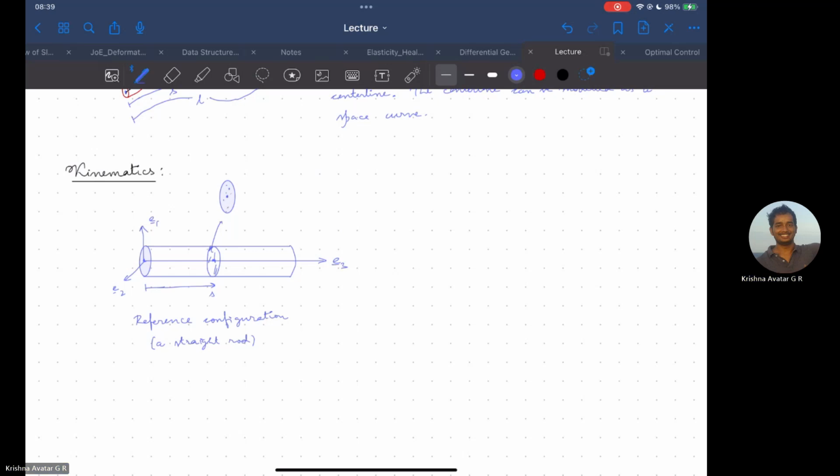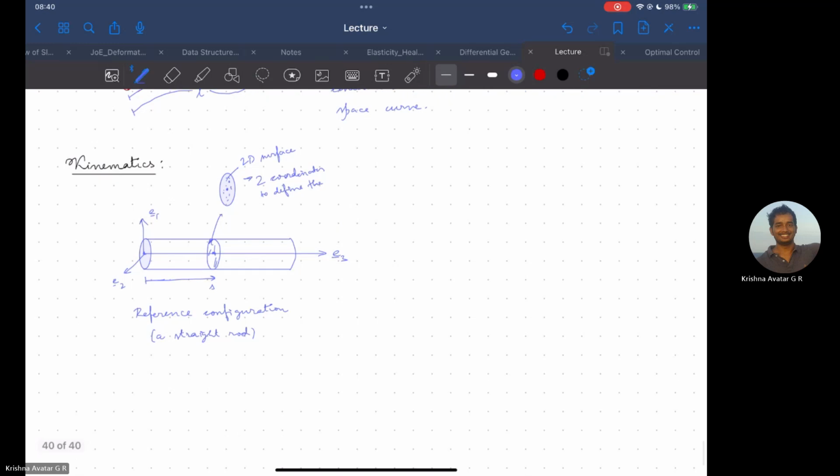This cross section is a collection of points, a 2D surface, so we require two coordinates to define the cross section.